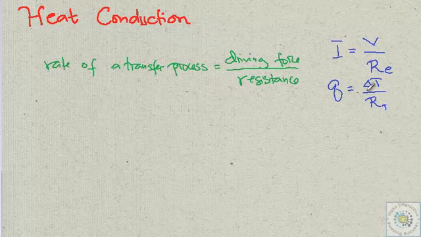Okay, so let me derive this with the idea of Fourier's law for heat conduction. Fourier's law states that Q over A, or the heat flux, is equal to the negative of the thermal conductivity times dT/dx, where T is the temperature and x is the distance within the material.